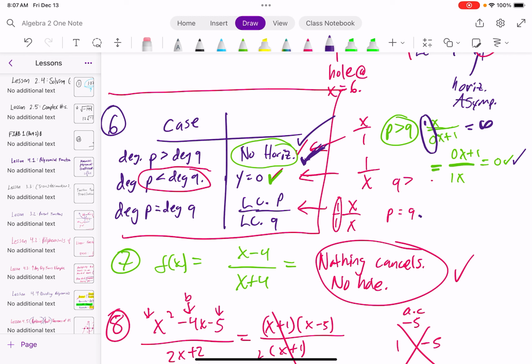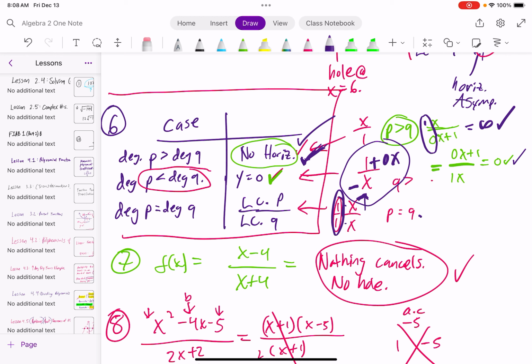And if the degrees were the same to begin with, you do the same thing. You do a ratio again. So these are just ratios along with logic. You're not going to have a horizontal asymptote at infinity. And if you don't have an x term here, you do a plus 0x. And you do a ratio between the leading coefficients, the biggest degree, so you go with the degree that's the largest and look at that leading coefficient.